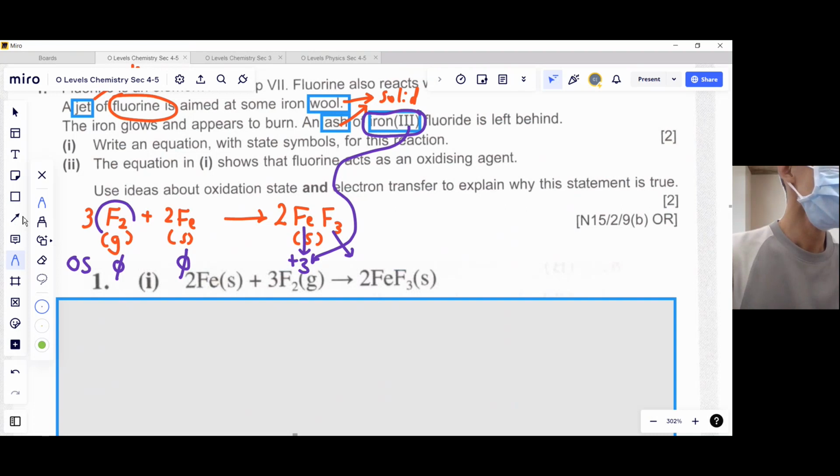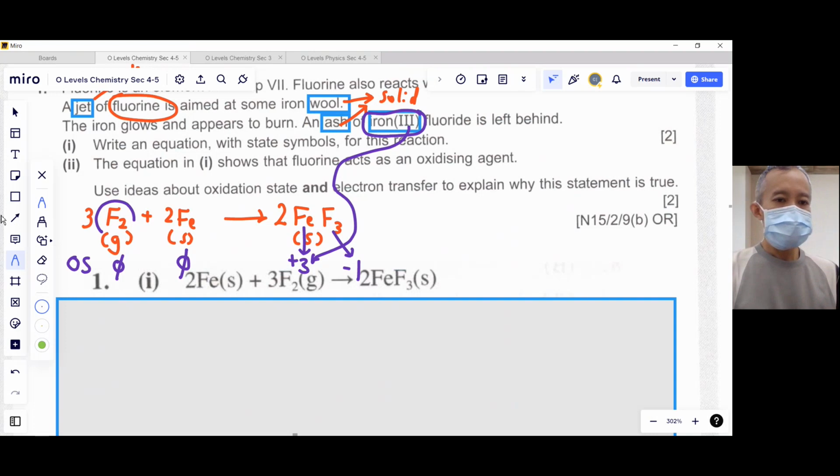So OS must be -1. Now, the subscript 3 does not affect the OS. OS is a characteristic of the element itself. So fluoride is fluoride, which is group 7. So its OS is still -1, regardless of the subscript here.